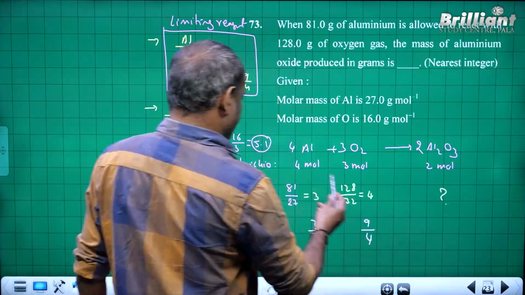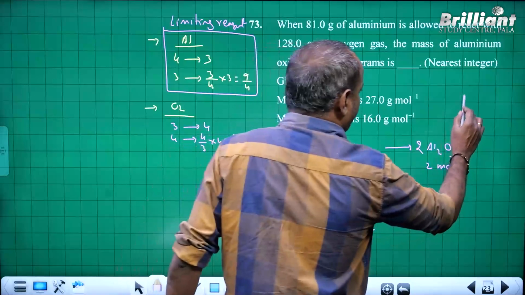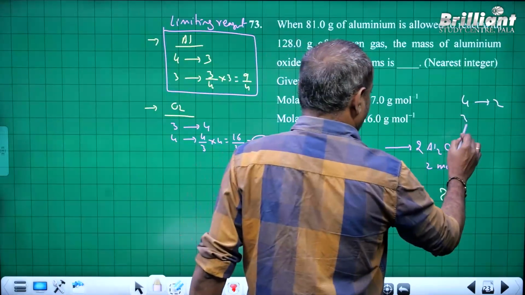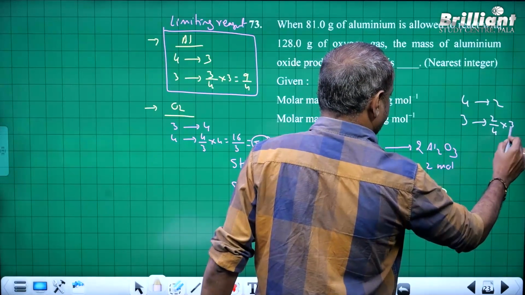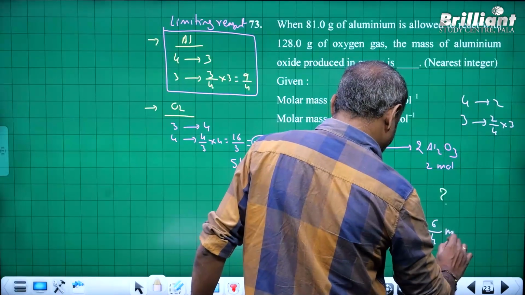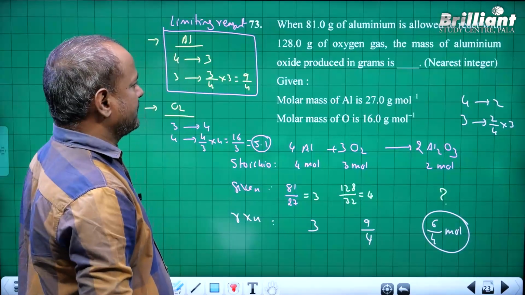To form Al2O3: 4 gives 2, then 3 gives how many? 2 by 4 into 3, 6 by 4 moles, or 3 by 2 moles.